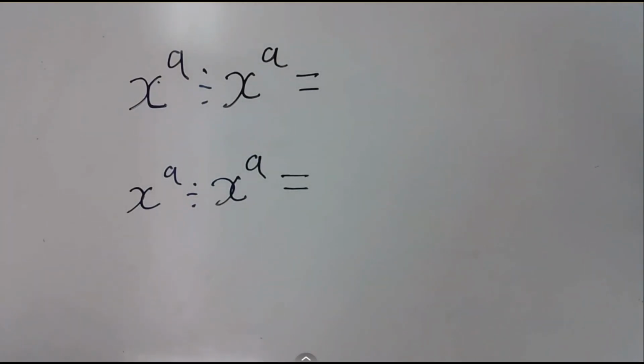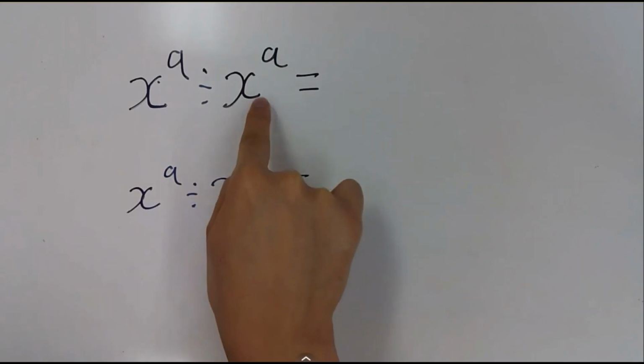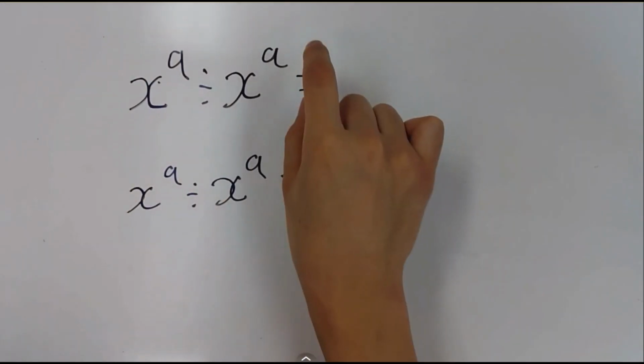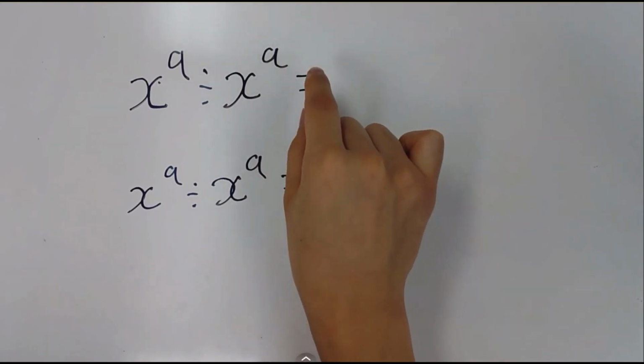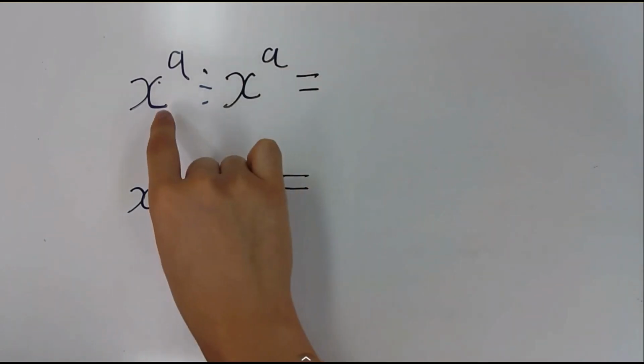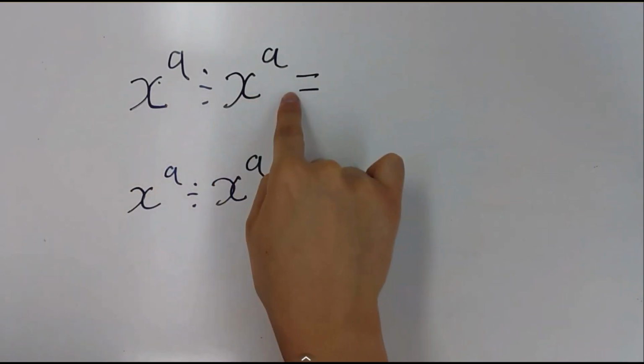So in case the first method didn't make a whole lot of sense for you, here's a second way to prove that anything to the power of 0 is equal to 1. So over here, I have x to the power of a divided by x to the power of a. And yes, these are variables and they look complicated, but I want you to focus on the idea that we are actually just dividing a number by itself.